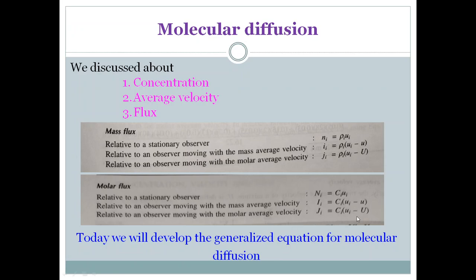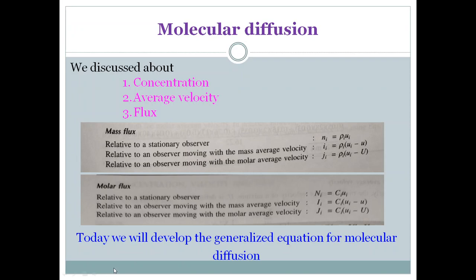If some particular molecule has higher J flux, that molecule will separate first. But for design purposes, N type of flux is important. The total number of molecules is important. Okay, these things we discussed in the last lecture.